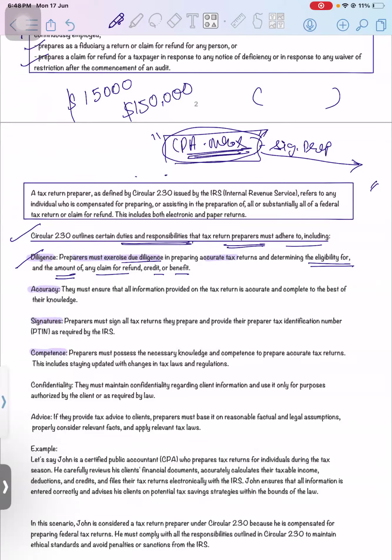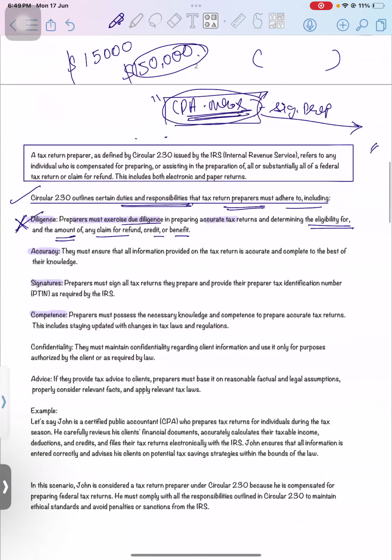So again, I said there is a breach of diligence, just an arithmetical error, but even checking each and every number is his responsibility. Okay, if he claimed a higher deduction, a higher refund, a higher credit, you can't say to the IRS, you can't back out of your responsibility, you can't take back your words that no, I have not prepared the return.